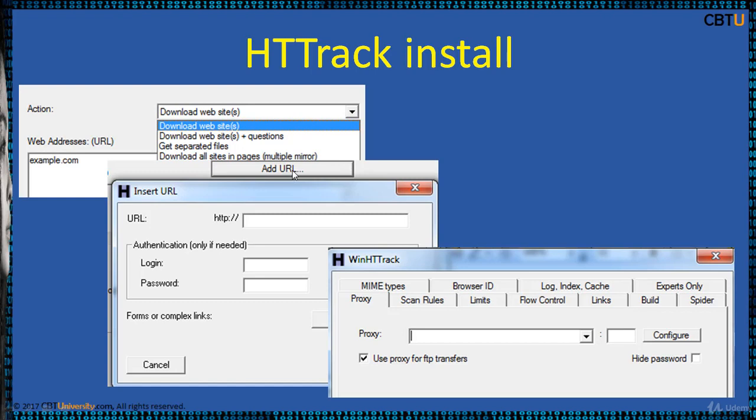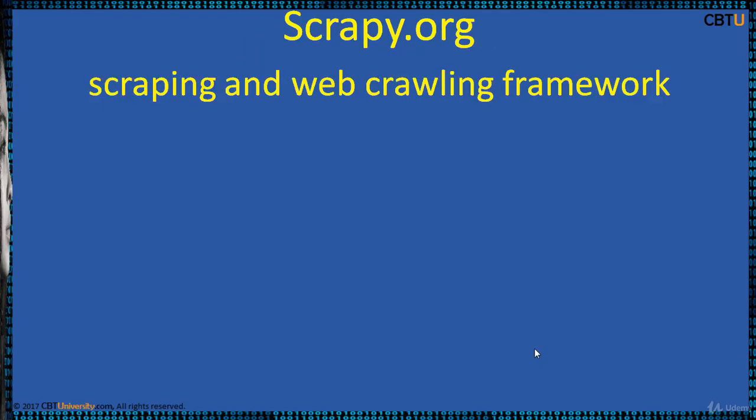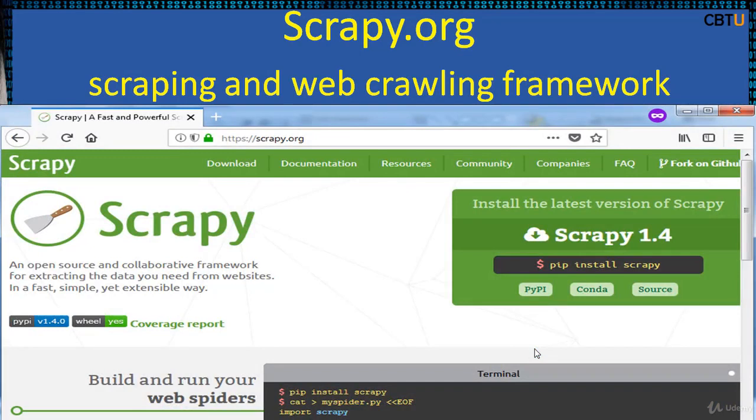If any site requires username and password authentication, then you provide these details and it can download that site. Click finish and it starts crawling, and then you can browse the mirrored site after it has downloaded the site.